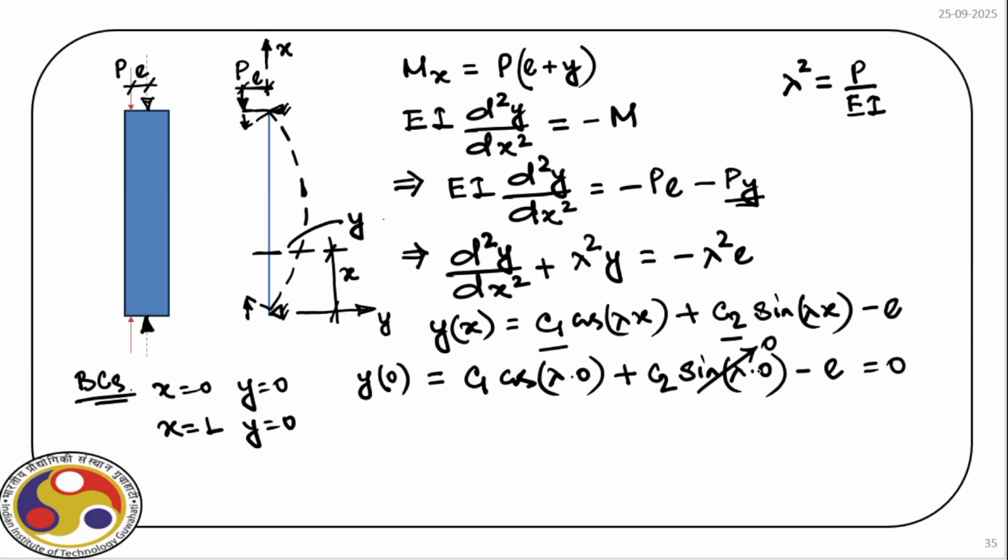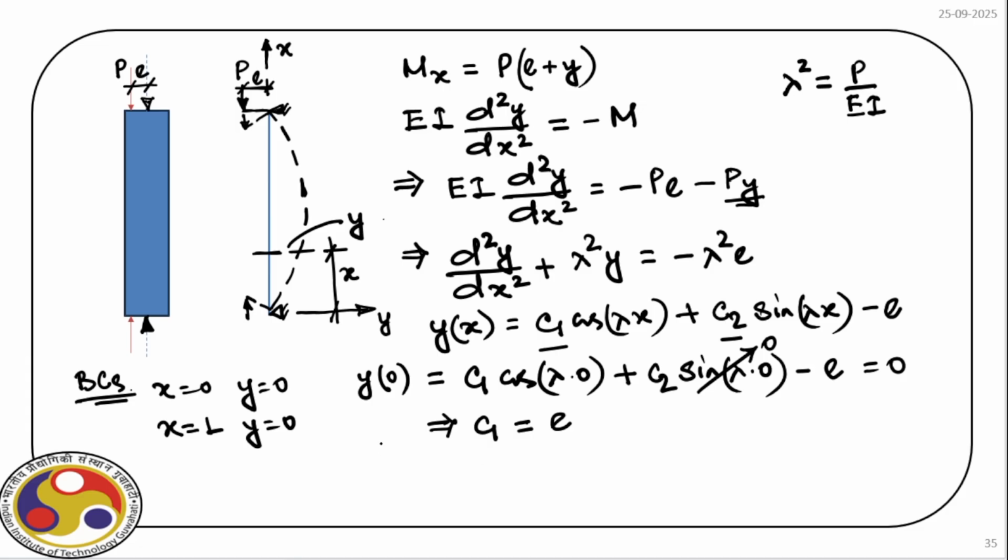Obviously this term will go to 0 and we have C1 is equal to e. So we have the first constant C1 which is equal to the eccentricity that we have between the load P acting on the column and the central axis of the column.